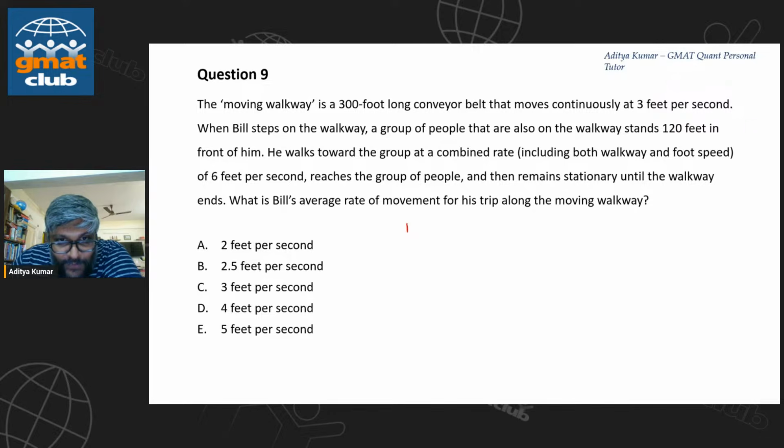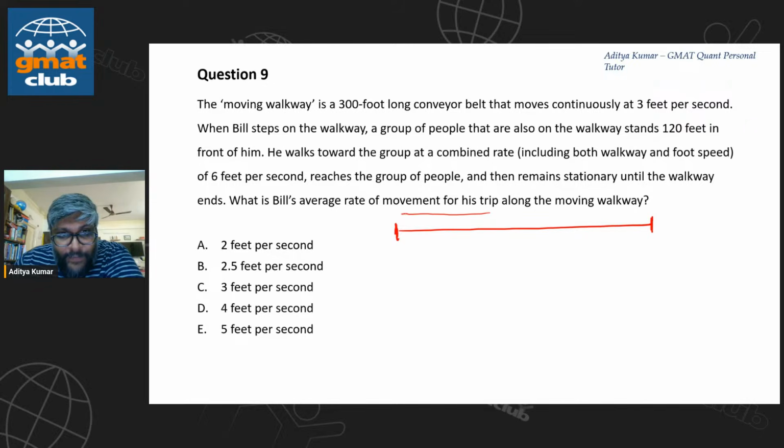When I'm organizing my information in a question where two bodies move, I'll need to graphically represent it first. So this is my entire moving walkway, my 300-foot long conveyor belt, moving continuously at 3 feet per second.